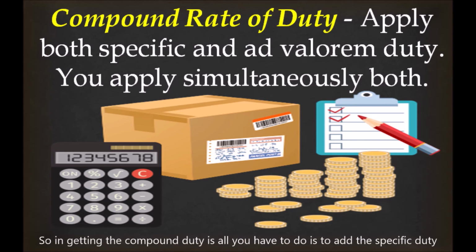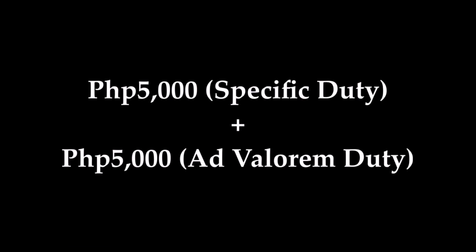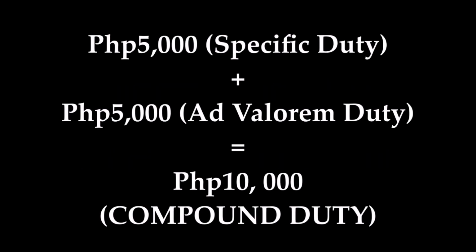So in getting the compound duty, all you have to do is to add the specific duty and the ad valorem duty. For example, the specific duty is 5,000 and the ad valorem duty also is 5,000. All you have to do is to add the 5,000 from the specific duty and the ad valorem duty, and that is 10,000, and that is the compound duty.